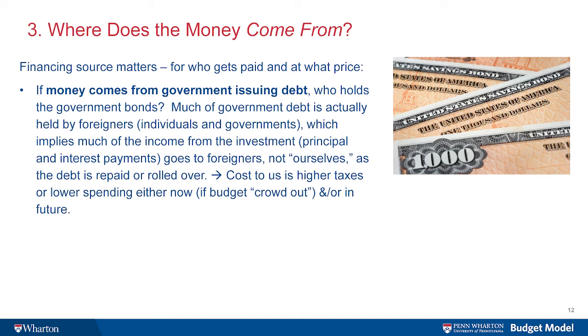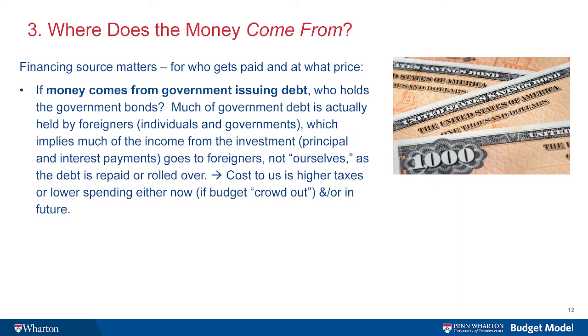It's coming from bondholders. And much of that government debt is actually held by foreigners, individuals and governments, which implies much of the income that does end up getting repaid to those investors, the principal and interest payments, will end up going to those bondholders, many of whom are foreigners, not necessarily other Americans. So as the debt is repaid or rolled over, we service the debt by paying interest costs.